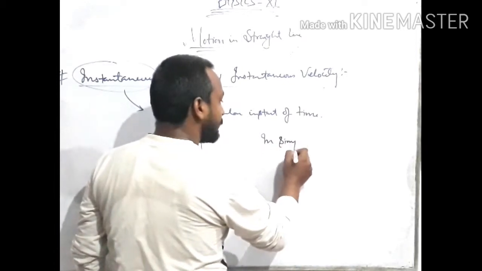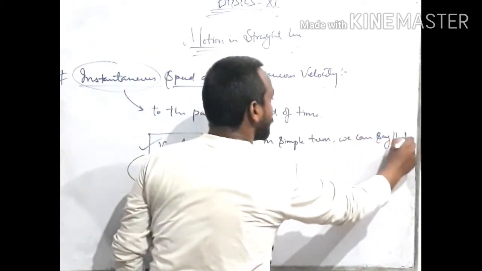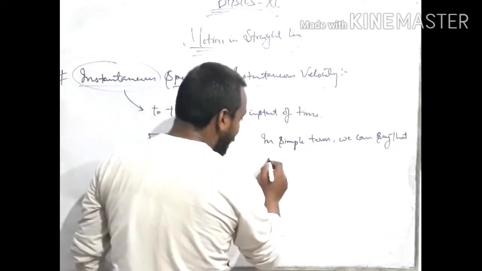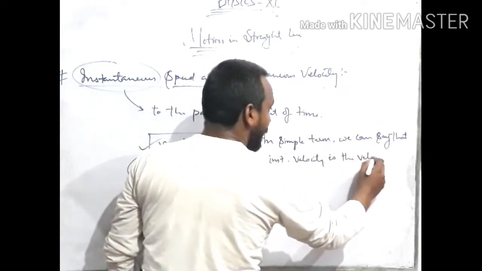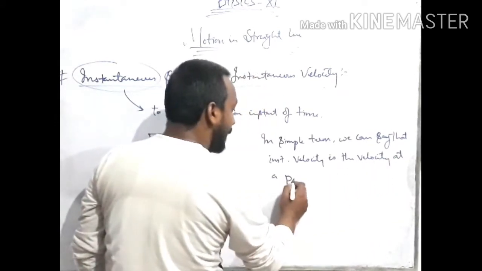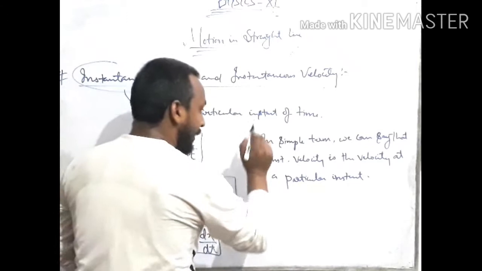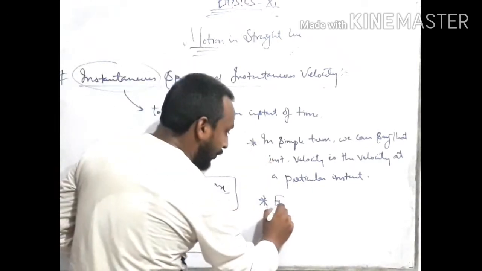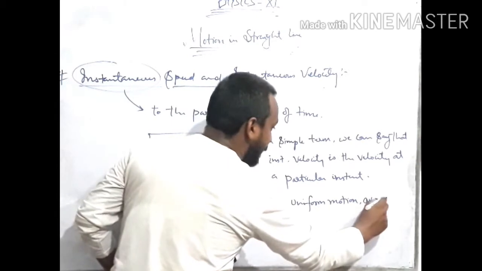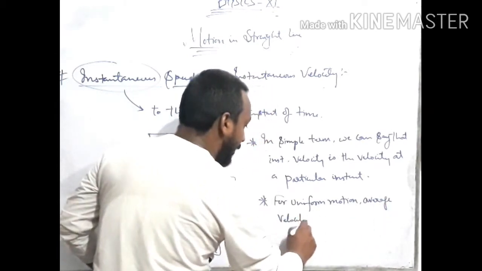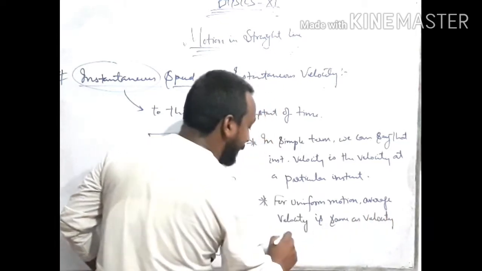In simple terms, we can say that instantaneous velocity is the velocity at a particular instant, and for uniform motion, average velocity is the same as velocity at every instant.